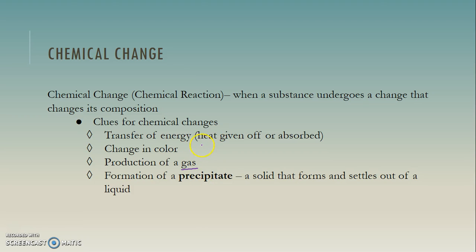So some things that also count as chemical changes that you might not think about. Now, these are not clues. These are just some additional chemical changes. So like from the first one, if the ability to oxidize is a chemical property, then oxidation is a chemical change. Burning is a chemical change when something catches on fire.